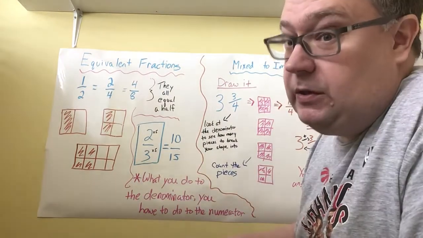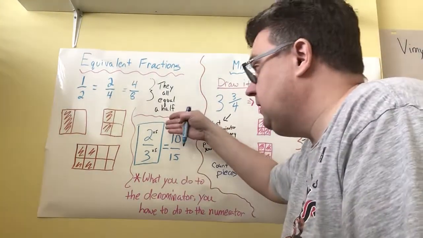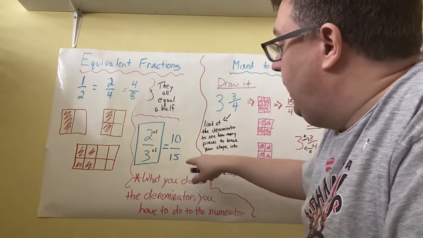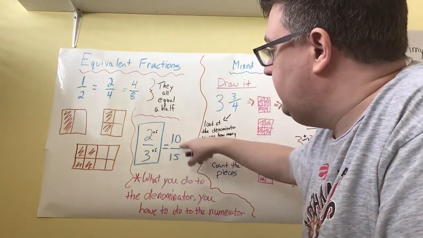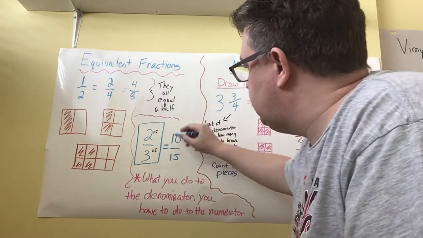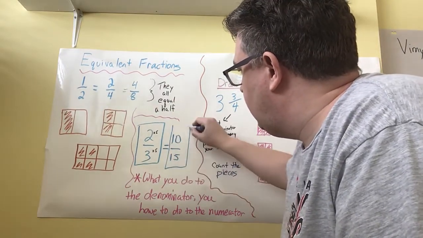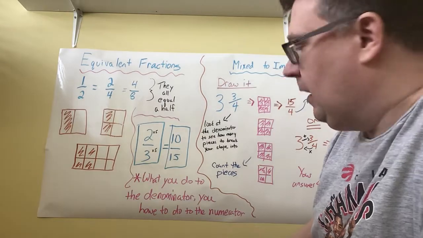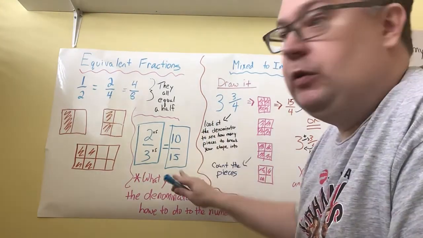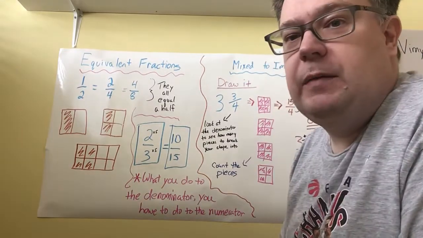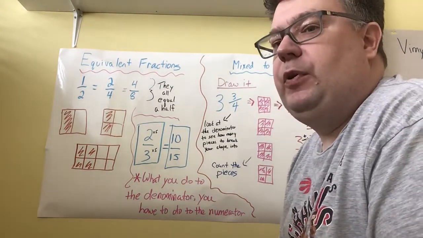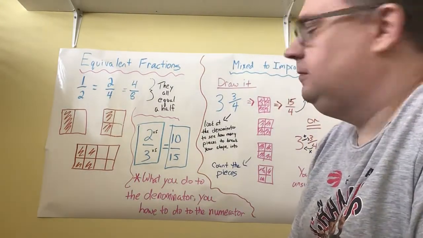And again, what you do to the denominator, you have to do to the numerator. 3 times 5 is 15, 2 times 5 is 10, so my equivalent fraction is now 10/15. Okay?